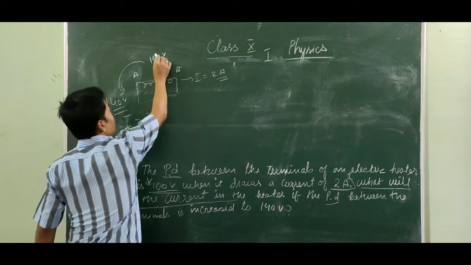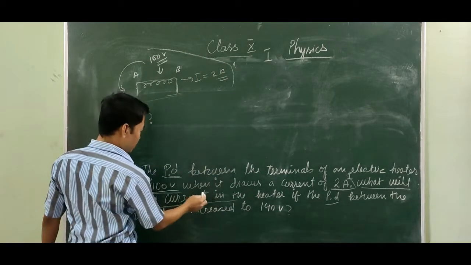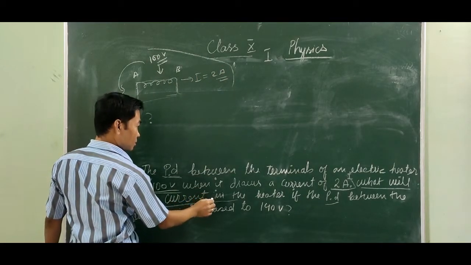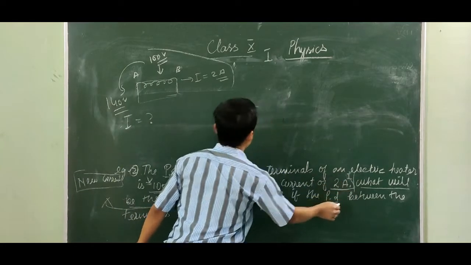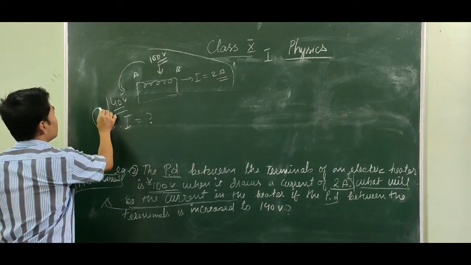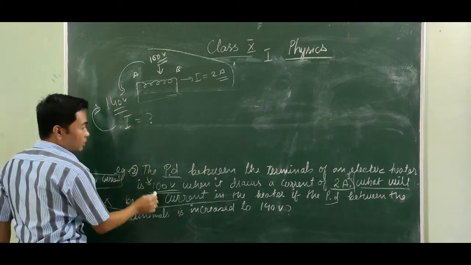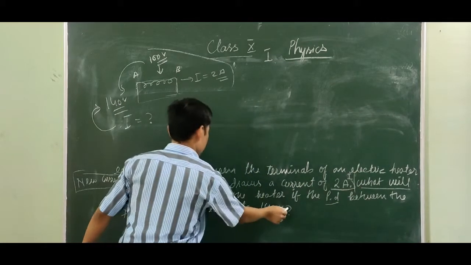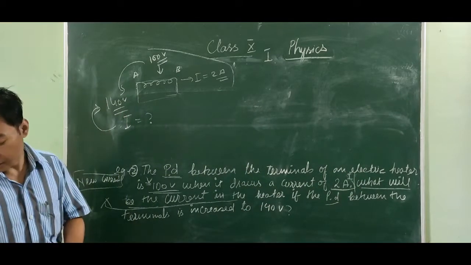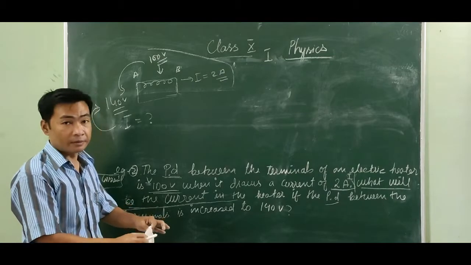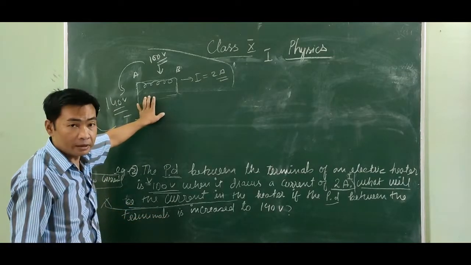So this is for the first question, up to here, and this is for the second question, from here to here. Let me go back one more time. This is an electric heater.